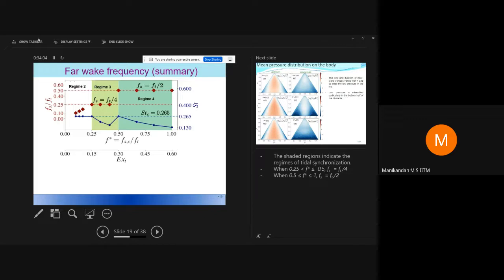So therefore it goes like that. It looks very simple when you look here, but if you look at the Strouhal number here, the Strouhal number is changing in a different way. The Strouhal number is normalized by the actual vortex shedding frequency.